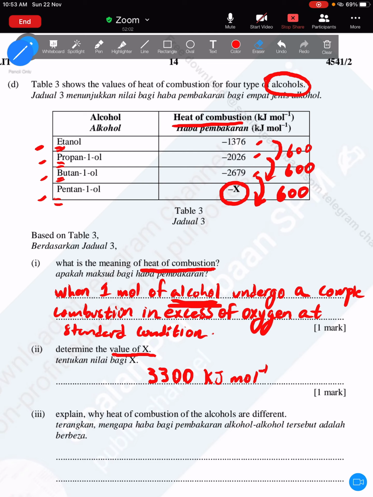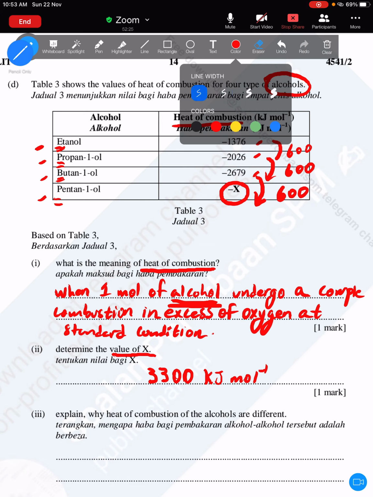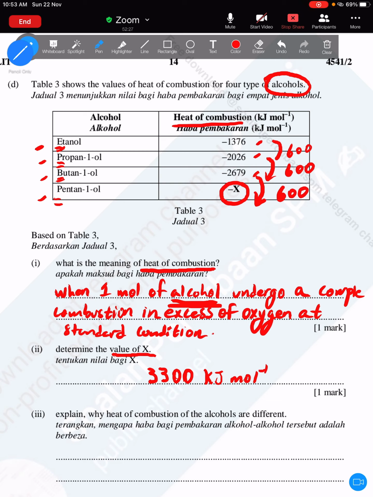Very good. Okay, when the number of carbon atoms increases, what happened? Give me a complete sentence, because it's a 3-mark question. So the first one is right. The first thing, number of carbon atoms increases.